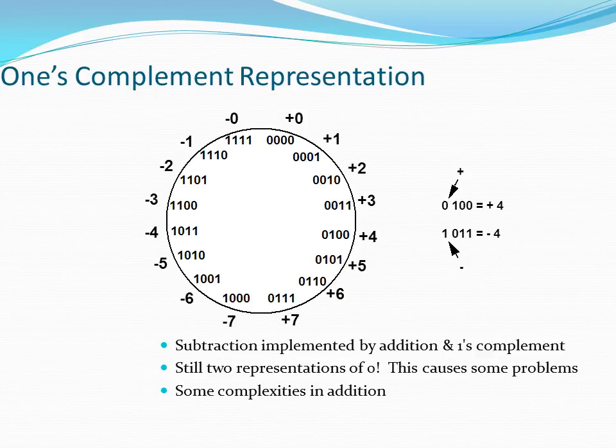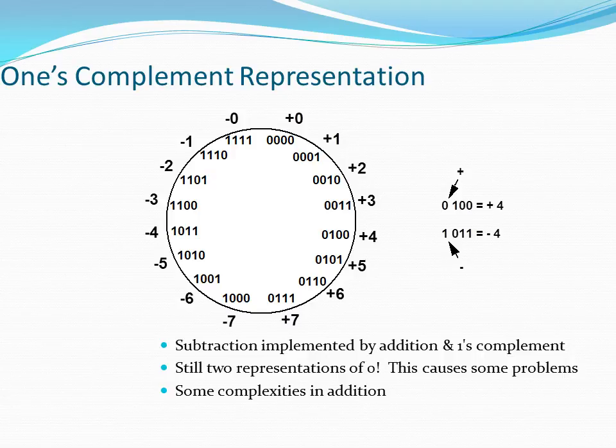And now we discuss the second representation of numbers, signed ones complement representation. Signed ones complement is represented using modulo systems, and here n is equal to 16. n is the number of possible combinations, and these representations are shown in the inner circle. On the outer side we have the positive and negative numbers: plus 0 to plus 7 are positive numbers, and minus 7 to minus 0 are negative numbers.